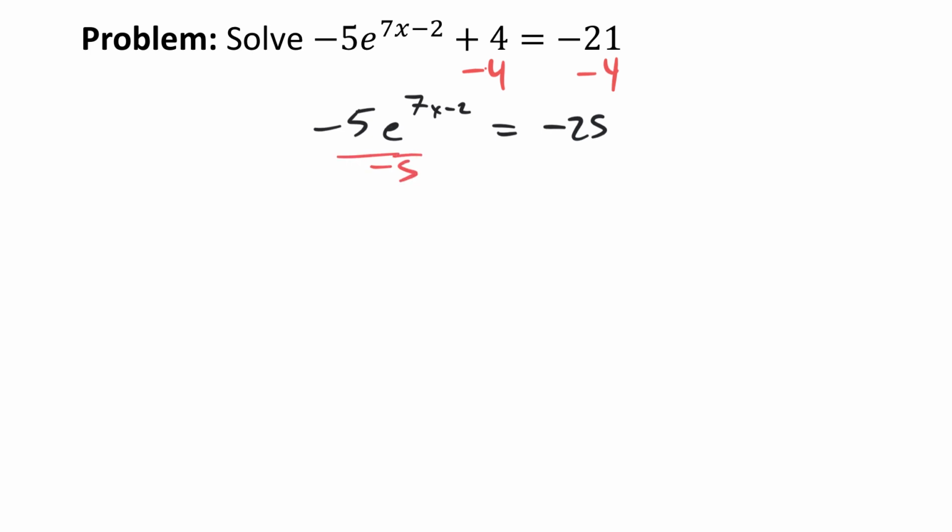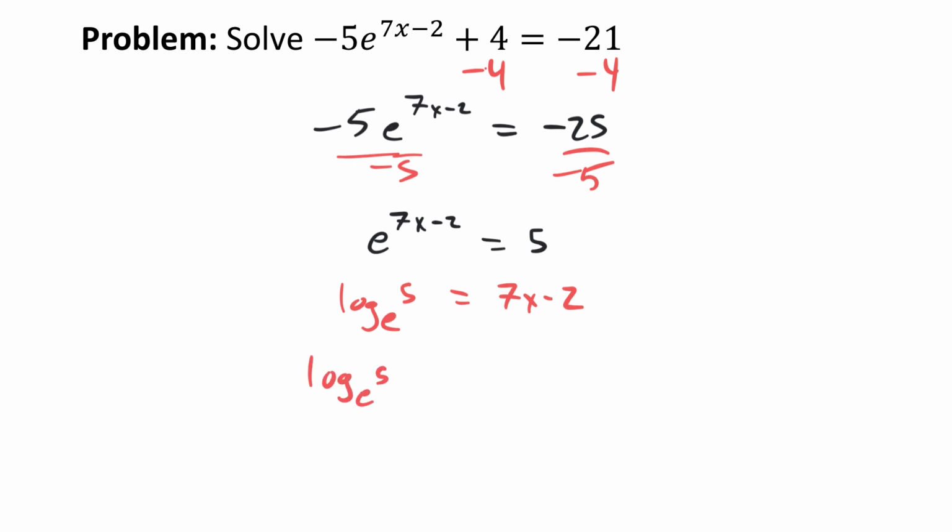Divide by -5, divide by -5. e to the 7x minus 2 equals 5. Now we take logs. So we get log base e of 5 equals 7x minus 2. Move the 2 over. Log base e of 5 plus 2 equals 7x.